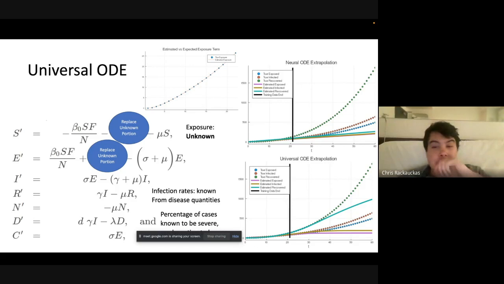Yeah. So there's a few things that we can get from the structure, right? One of the interesting things that comes out of this is not just that it extrapolates better, which you can see over there, but I think the more interesting thing is that there's a lot of structural information that's encoded in this form, right? One of the key pieces here is that if this neural network is guaranteed to be positive, we have conservation that's enforced, right?